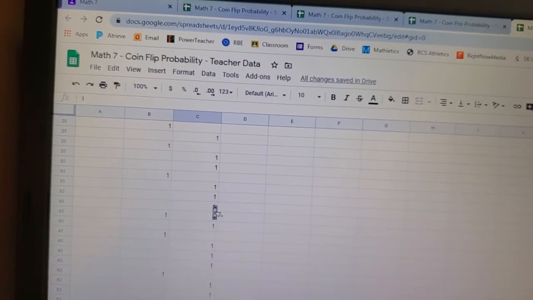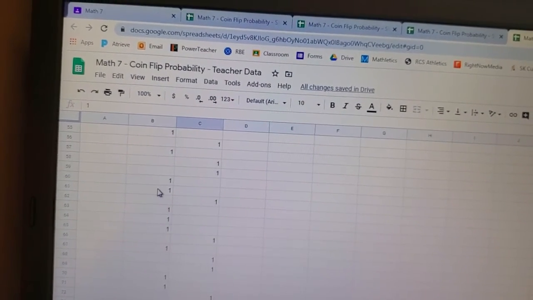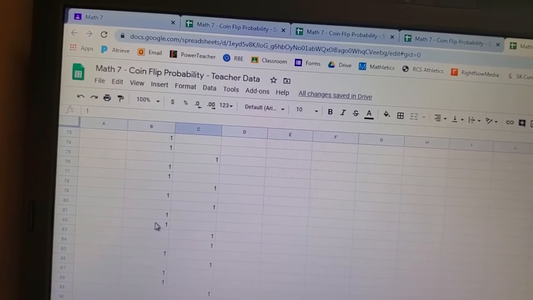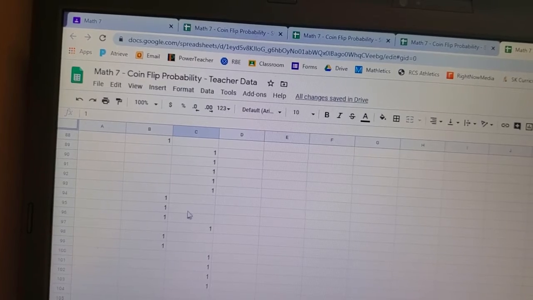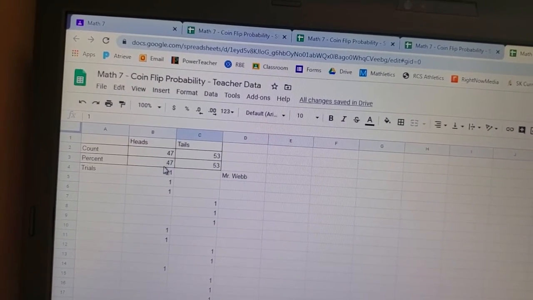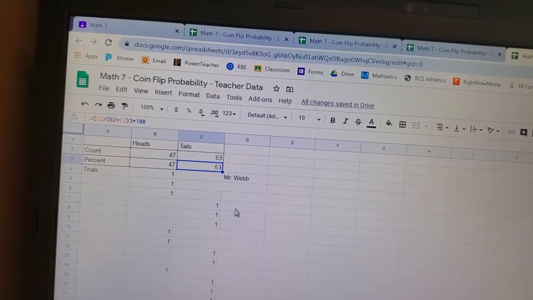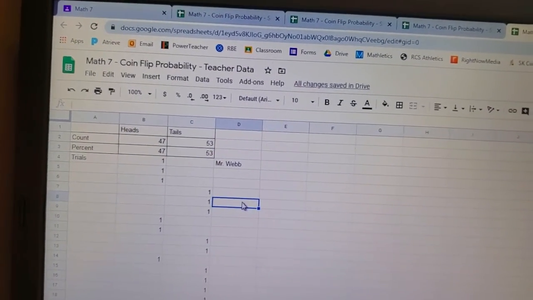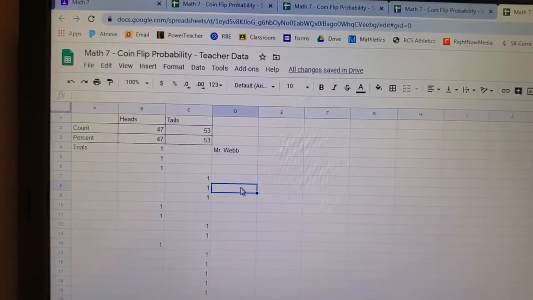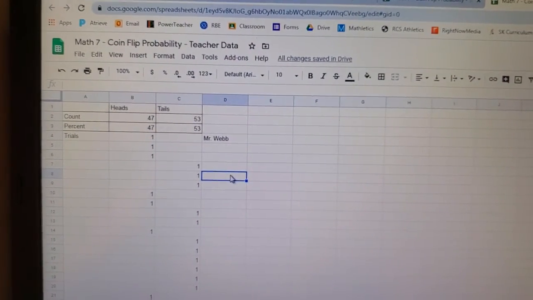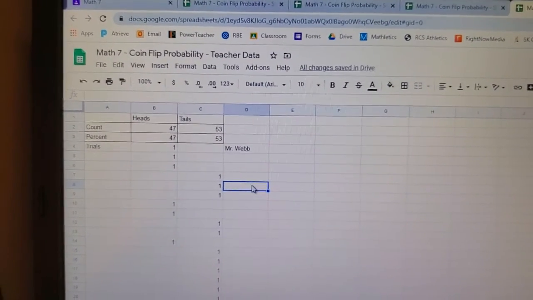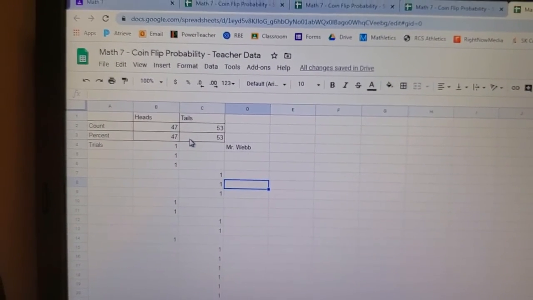But as I went, there were certain points where it went far more in favor of heads, and far more in favor of heads, and then I finished off with a bunch of tails, and it ended up being pretty close to 50-50. It was 47 to 53. I want to see what we can get with 26 of us doing it 100 times, or 2,600 times, and see what this does.